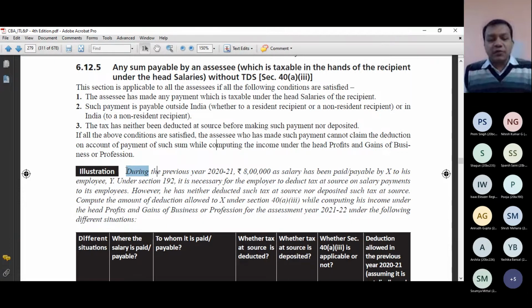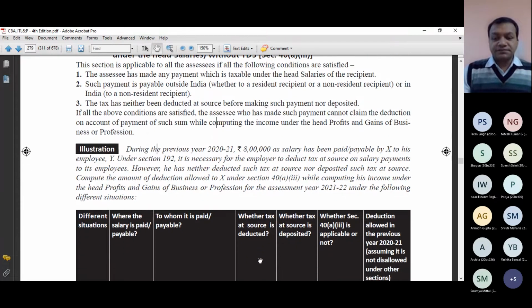Under section 192, it is necessary for the employer to deduct tax at source on salary payments to its employees. However, he has neither deducted such tax nor deposited such tax. Compute the amount of deduction allowed to X under section 40A3 while computing his income under the head PGBP for the assessment year 21-22 under the following different situations. Now I have made different assumptions and then you will see what answer will come.